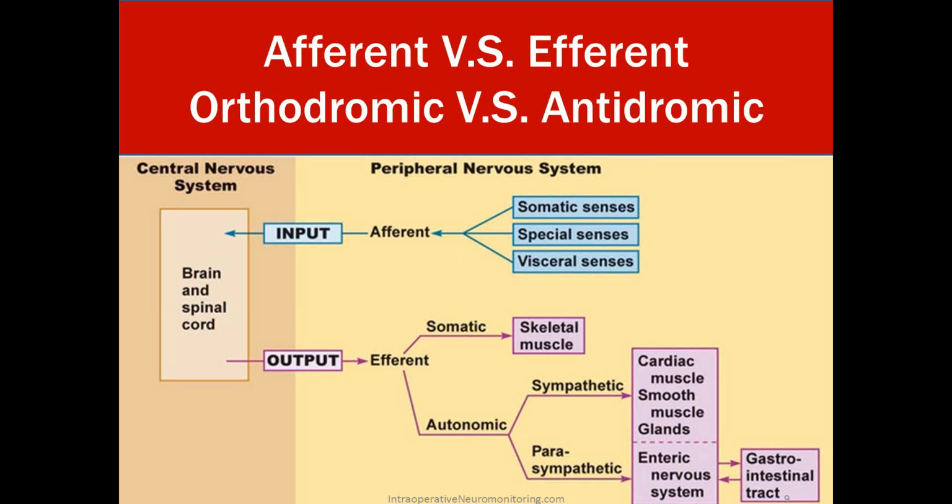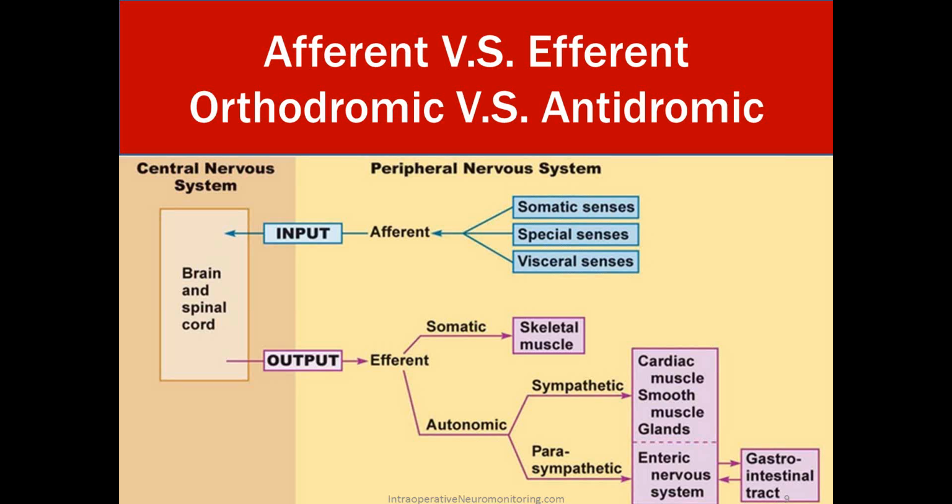If you have something going along an axon that's a sensory axon and it's going towards the central nervous system, it's called an orthodromic transmission. If it's the reverse, so if you have sensory information coming up a motor axon going centrally to the central nervous system, then that is antidromic transmission of the information.